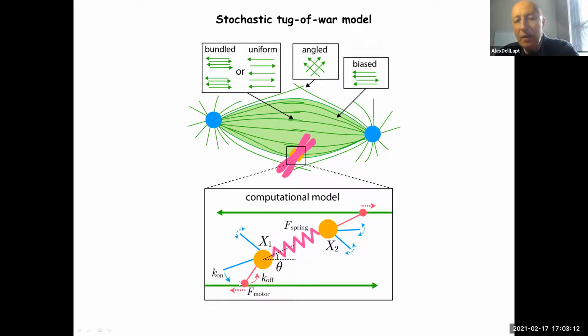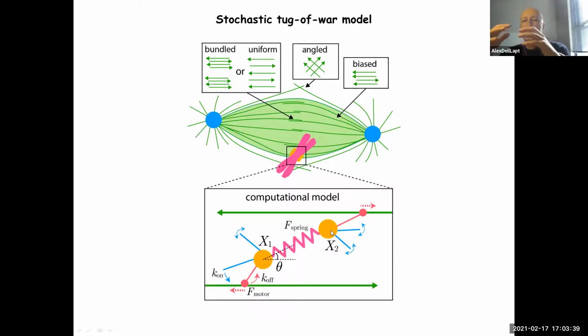And we put into the model the detachment rate of the motors from microtubules, attachment rates, and a very simple assumption that detachment could be dependent on the angle with which the microtubule sticks out of the kinetochores.